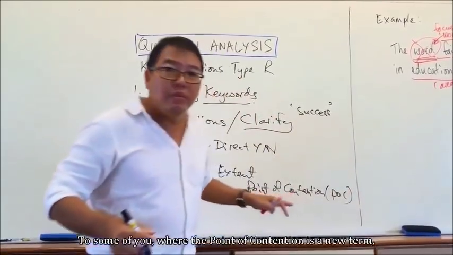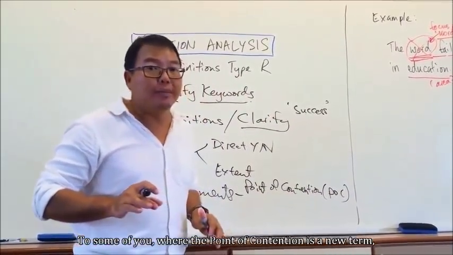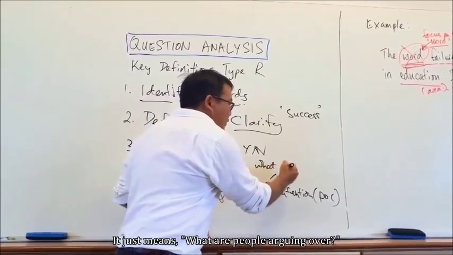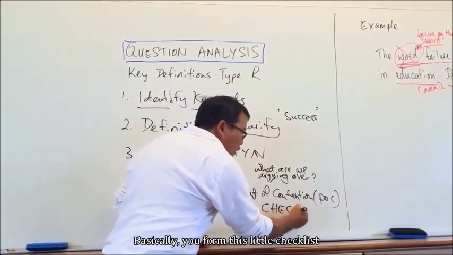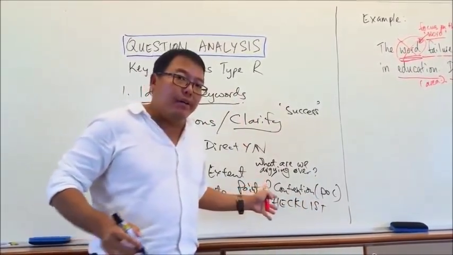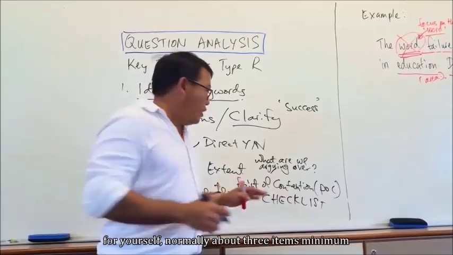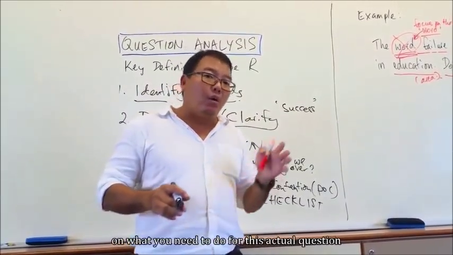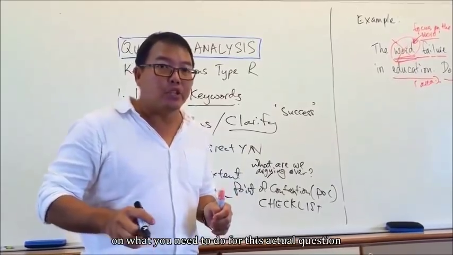To some of you, where the point of contention is a new term, it just means what are people arguing over. Basically, you form this little checklist for yourself. Normally about 3 items minimum, on what you need to do for this actual question.